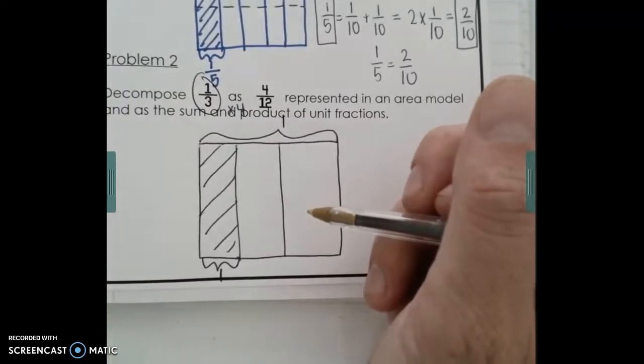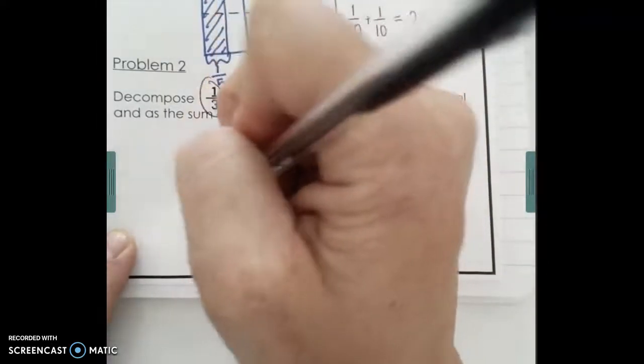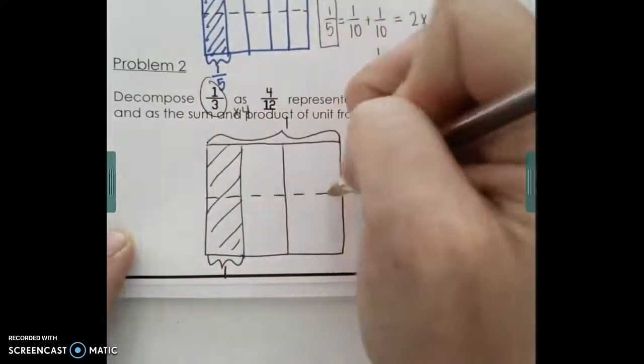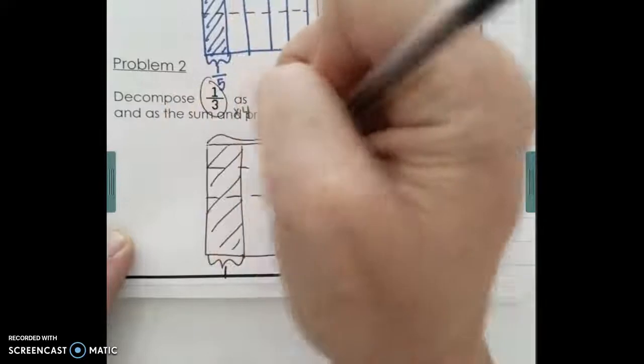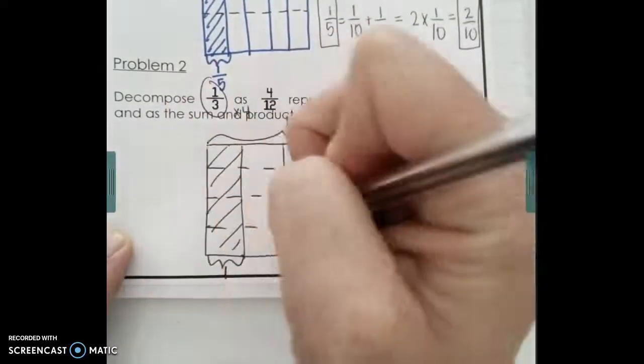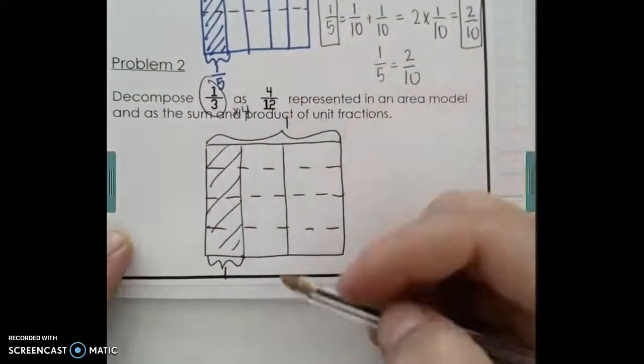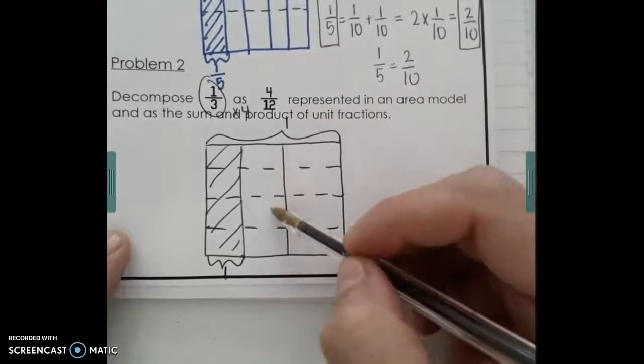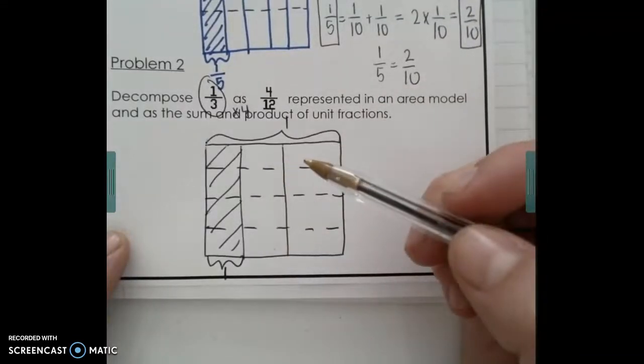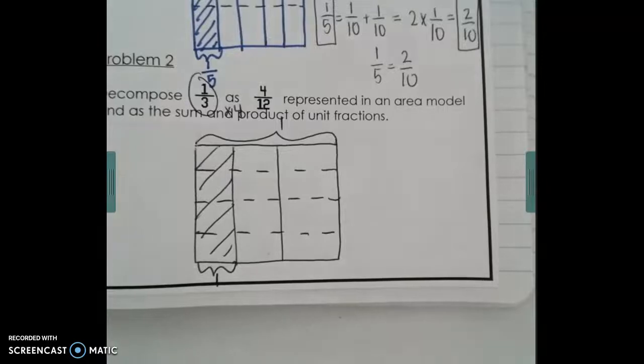So I'm going to cut it into half, and then half and half again. So now I have 4 going the other way. And when I cut it into 4, I have 1, 2, 3, 4. I'll go over it with this line too.